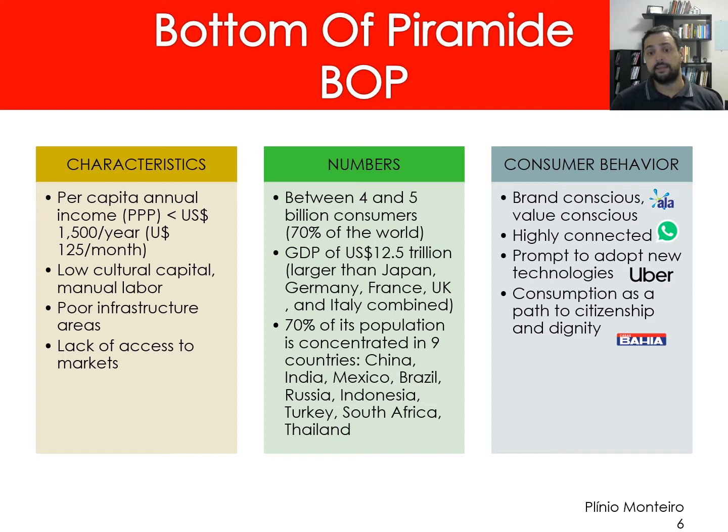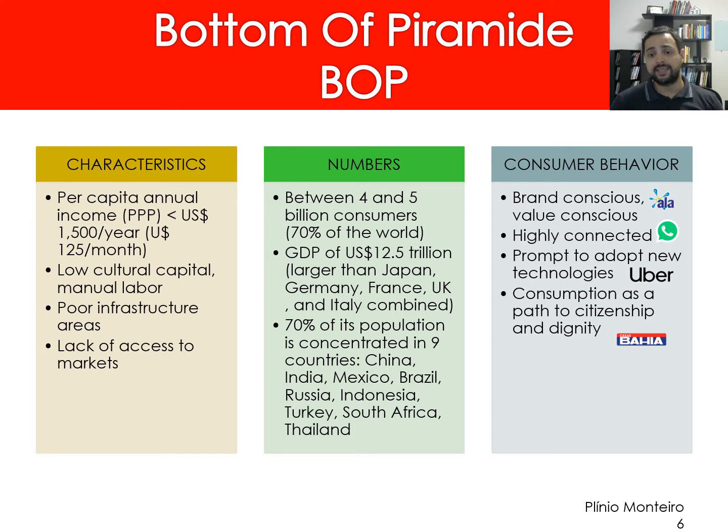But basically, even though they are not that rich, they represent a larger portion of the world. So we are talking about between 4 to 5 billion customers in the world, 70% of the world's population. And the sum of GDP of this group is huge.